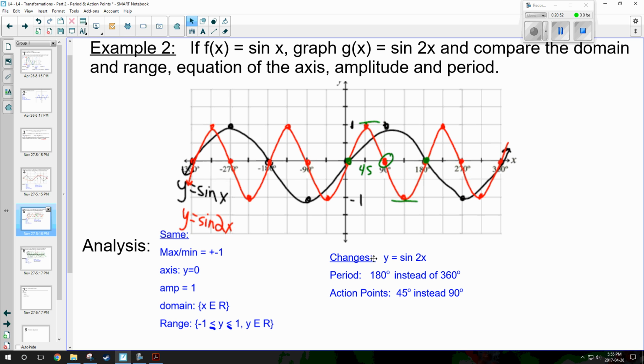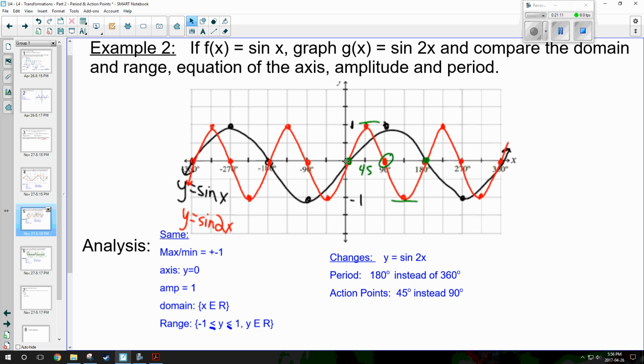The only changes with our graph being y equals sine 2x was that the period is now 180 degrees because one full cycle only took from 0 to 180 instead of 360. And our action points are now every 45 degrees instead of 90 degrees.